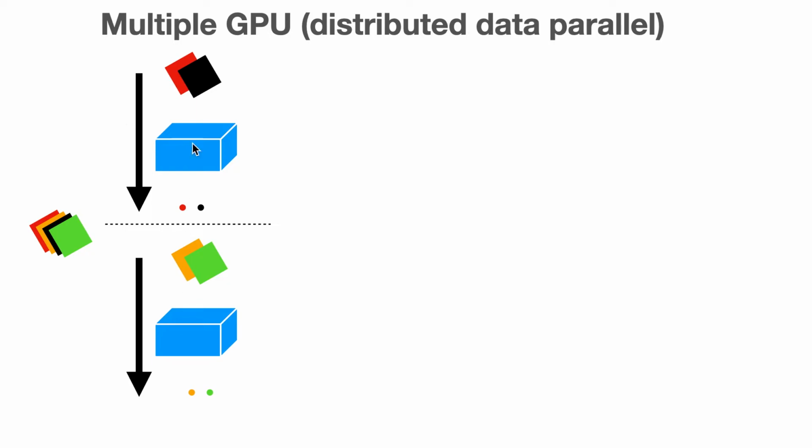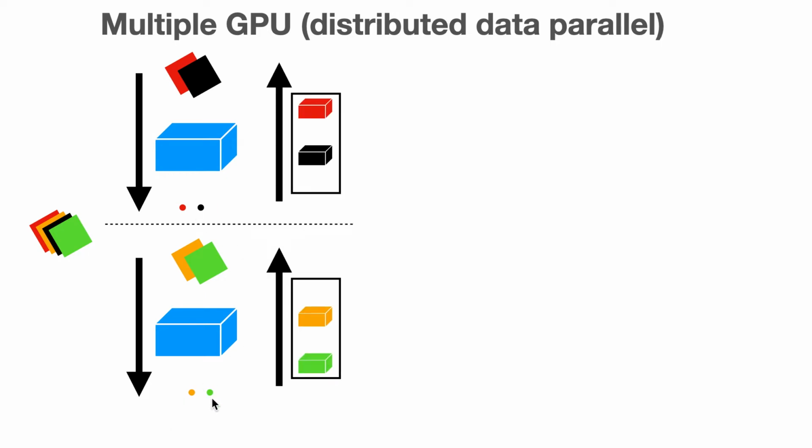So each GPU would get 2 samples. Each GPU would process its samples, do the forward pass, and get us the loss values, as shown with these circles. Then we do the backward pass, in which we calculate the gradient of the loss with respect to the parameters independently on both GPUs. It's very similar to the single GPU case.